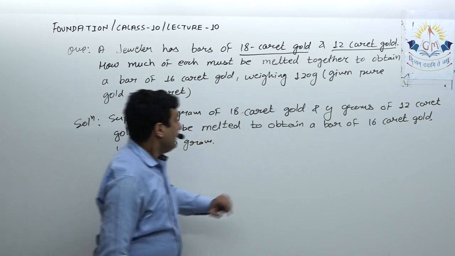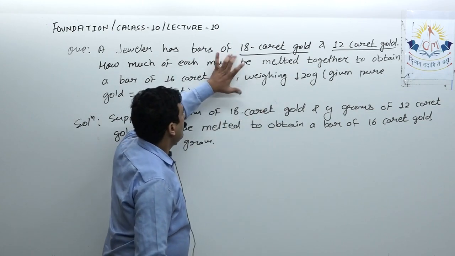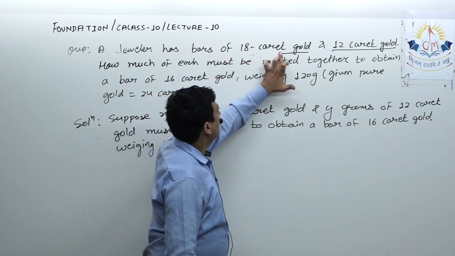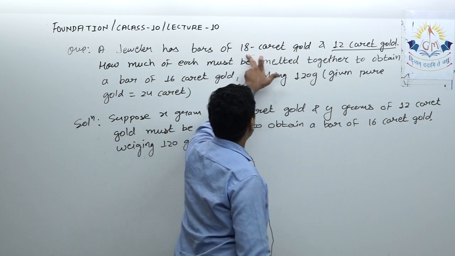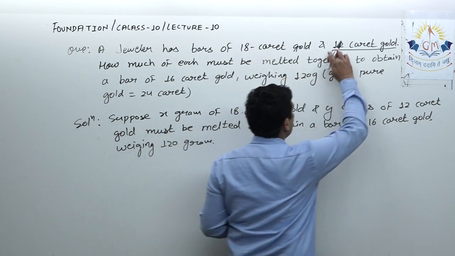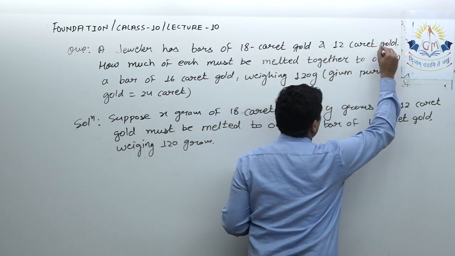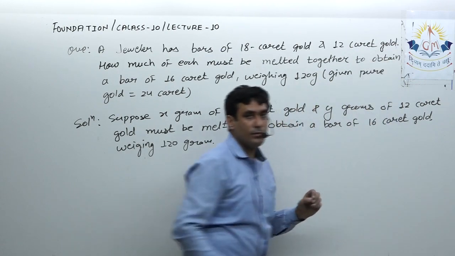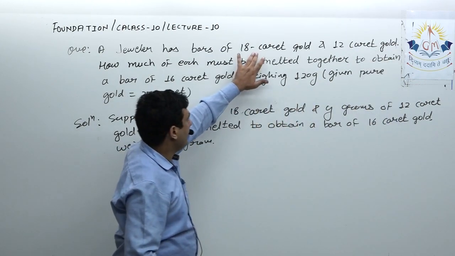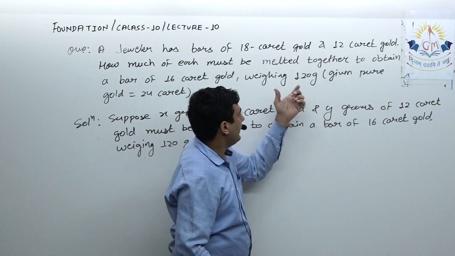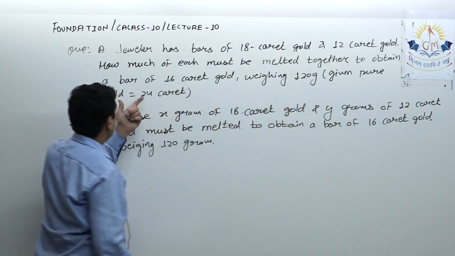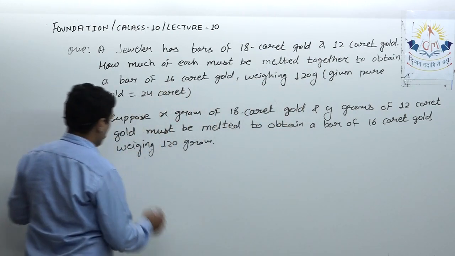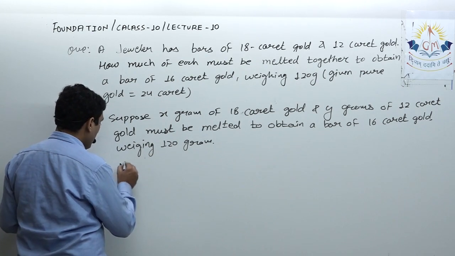Now next thing will come to the purity. See, 18 karat gold means how much percent gold is there in that bar. So first of all we'll find the percentage of gold in 18 karat gold, in 12 karat gold and in 16 karat gold.